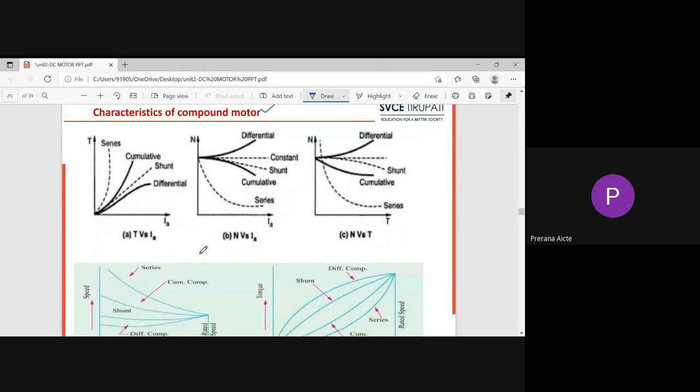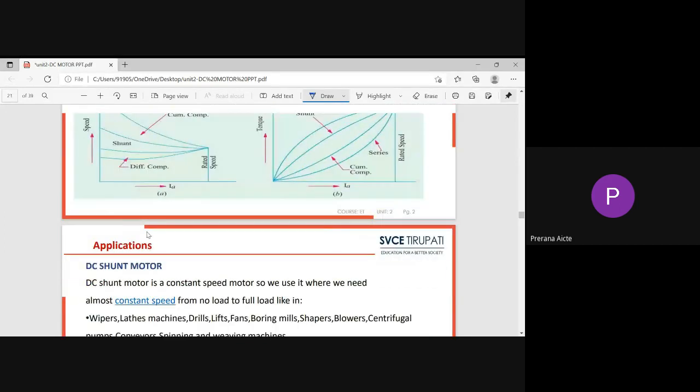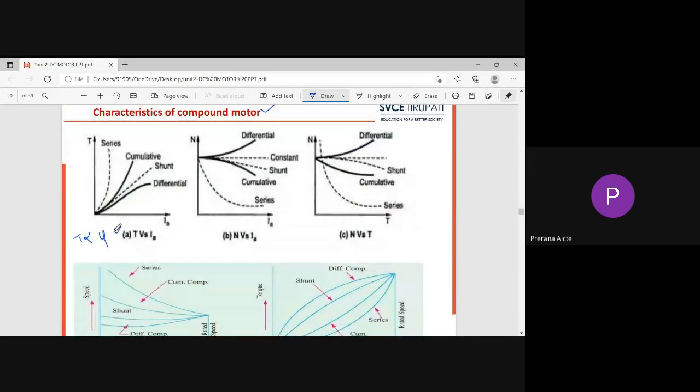So initially T is directly proportional to phi, actually phi SH plus phi SC. The shunt field flux is constant.